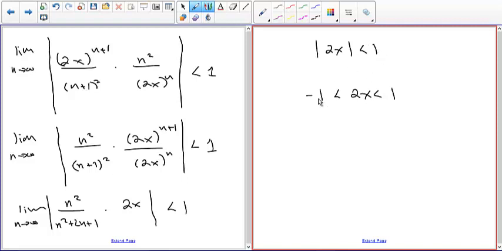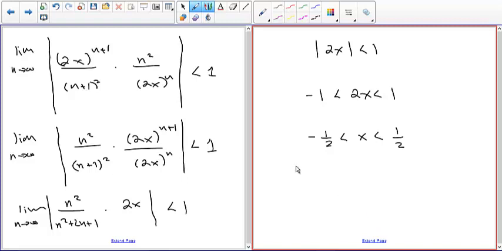So if this is 2, you go from -2 to +2. If this was 7, you go from -7 to +7. And I'll demonstrate how that works. So now, once you've got this, you can solve for x. We divide everything by 2, so you get -1/2 there, and you'd get +1/2 there.